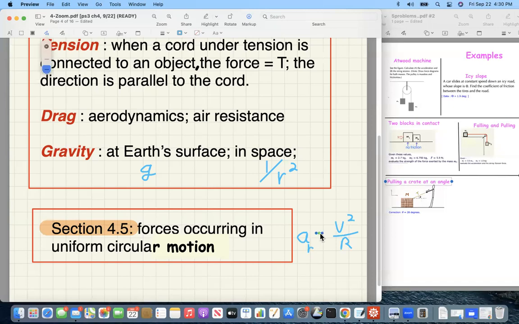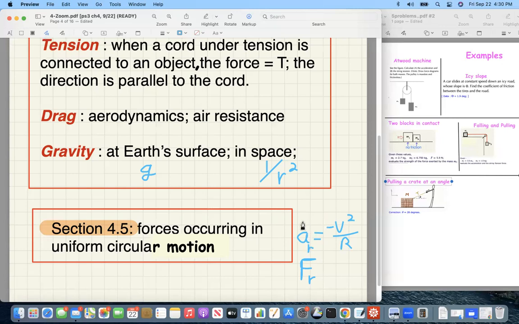But it's towards the center. So it's actually negative v squared over r, if I take the radial direction to be away from the center, because the acceleration is towards the center. Well, if it has that acceleration, it has to have a force. Now, of course, a force is a vector, so it has a radial component.